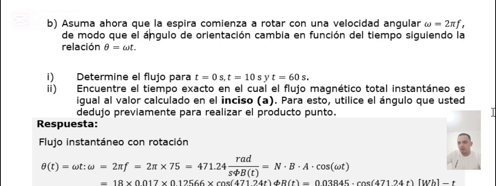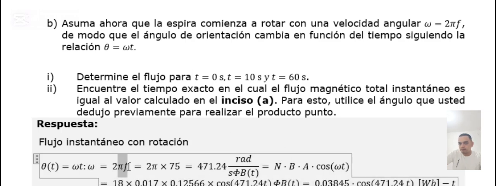Next, the coil begins to rotate with an angular velocity defined by W equals 2πf, using a frequency of 70 Hz.